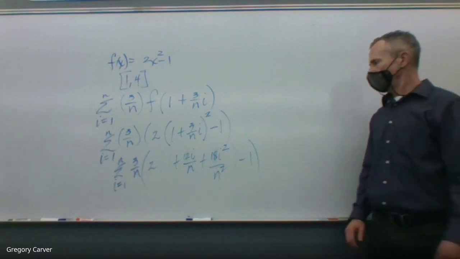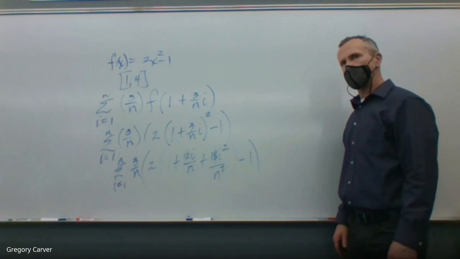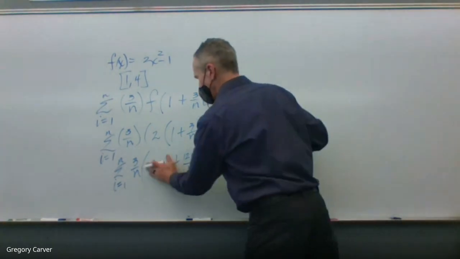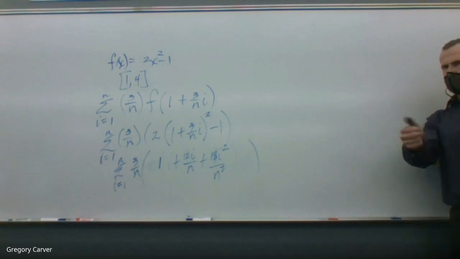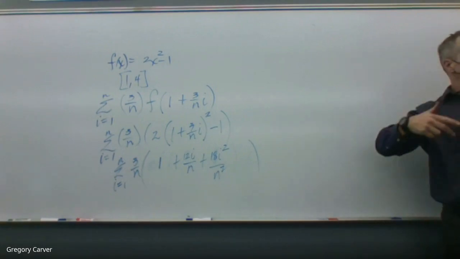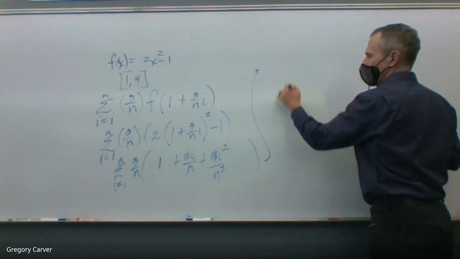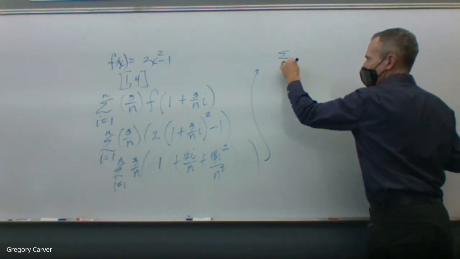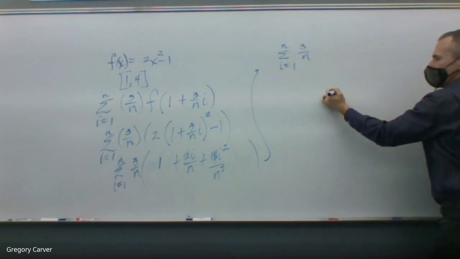2, take away 1. Here's 1 here. Then let's distribute and pull stuff through. All right, here we go. The first one is the sum from i equals 1 to n of 3 over n.